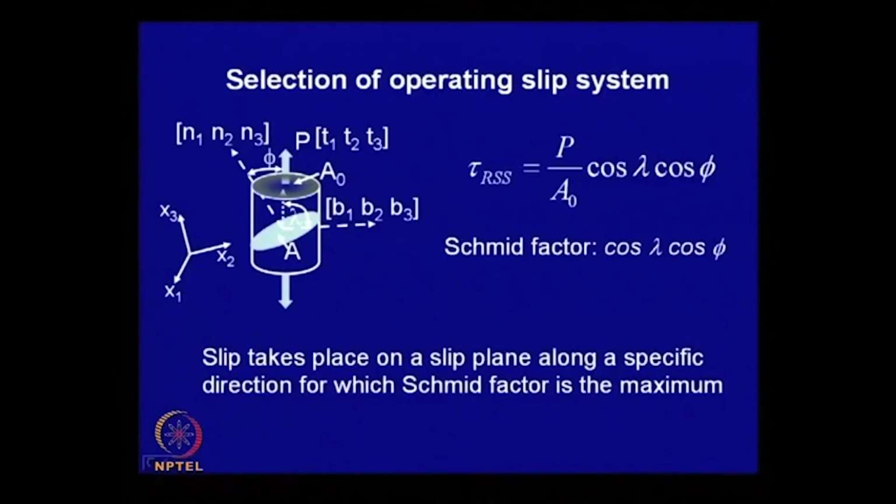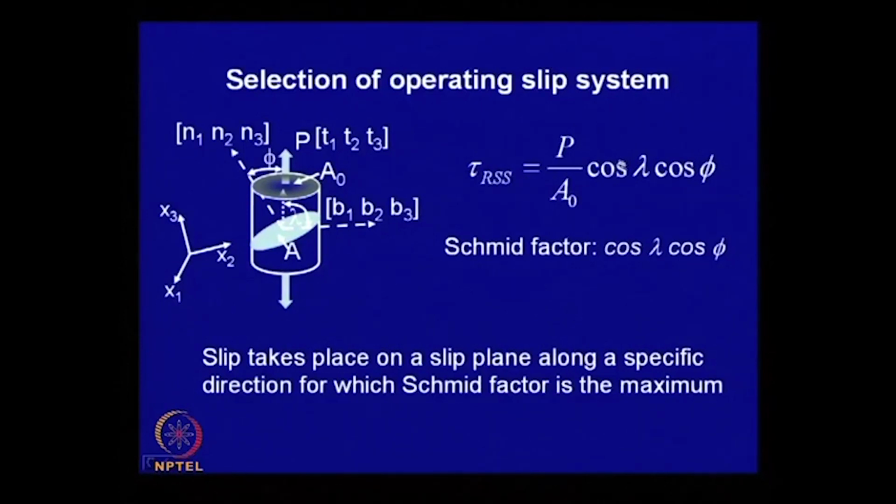So there are 12 slip systems. Out of these, which will operate? Obviously the one on which the Schmid factor is maximum, because deformation takes place when the resolved shear stress reaches a critical value, which is very similar to yield stress but is the shear component of the yield stress.